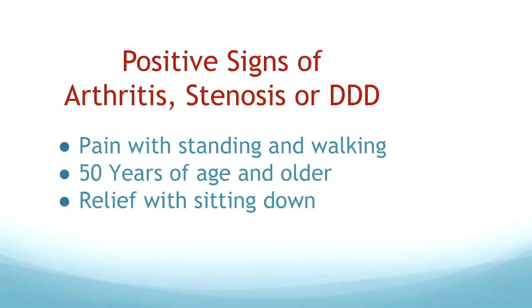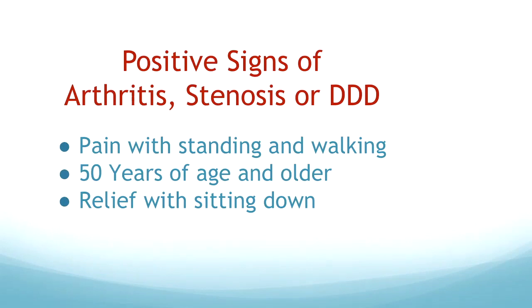So, positive signs that you have degenerative disc disease or arthritis. Usually that's 50 years of age and older. You're going to have pain with standing or with walking, because when you stand, gravity is pushing down on you, and that pushes down on that disc, and that pushes those bones closer together, which then pushes down on the nerve. You often will get relief with sitting down.